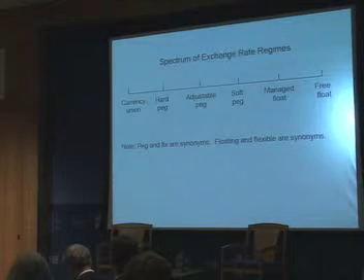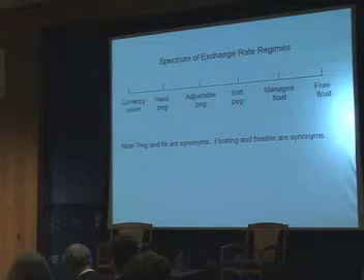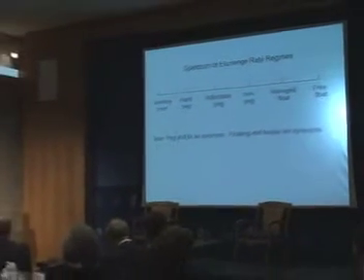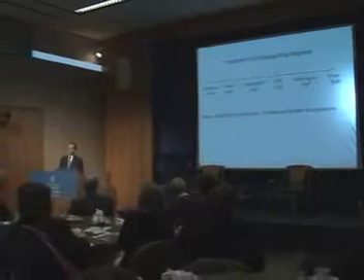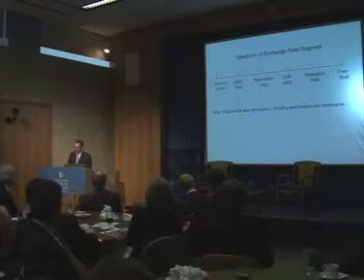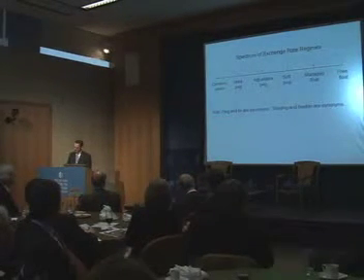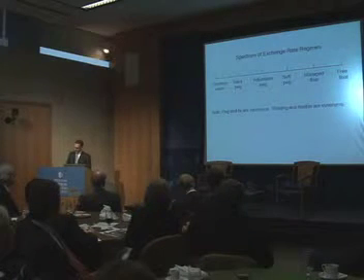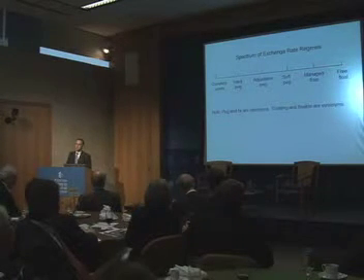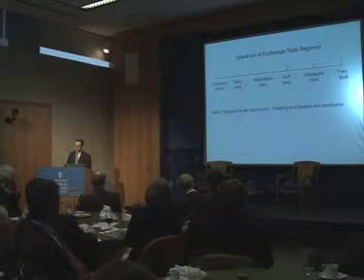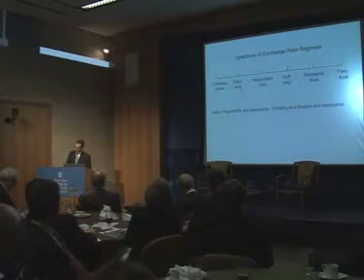Then there's a hard peg, where there's some institutional enshrinement of the value of the exchange rate. Then there's the standard adjustable peg, which is a commitment to maintain an exchange rate, but it's not enshrined into law or institutions. Going to the far right, we have a free float, where the central bank doesn't have any particular concern about the exchange rate at all.